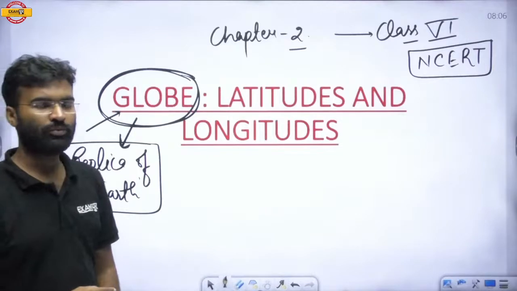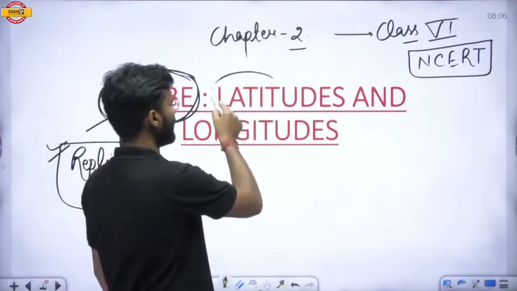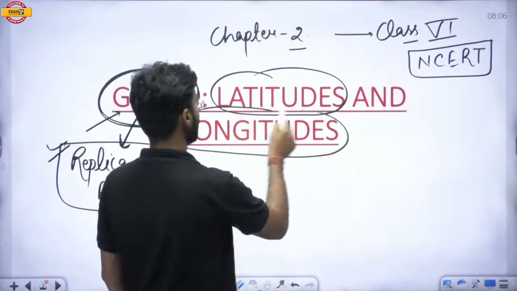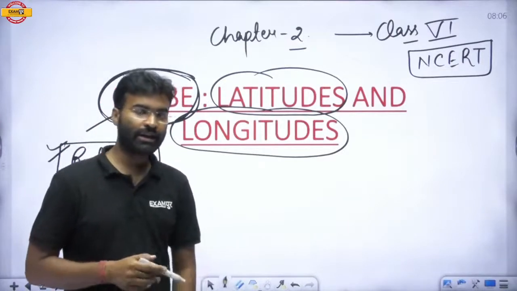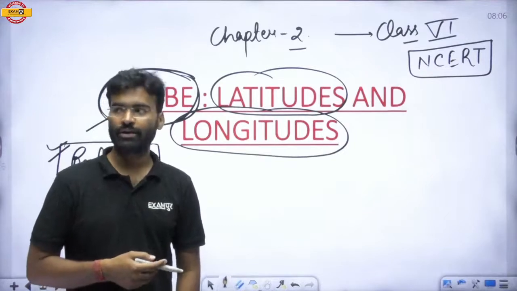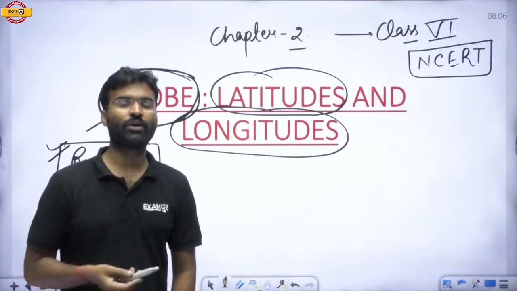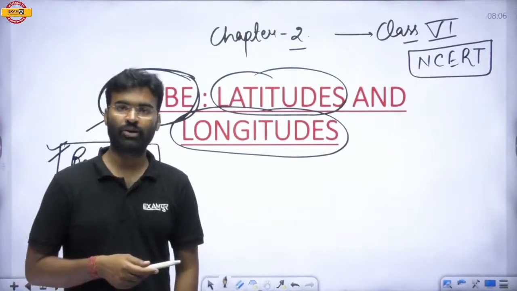When you look at the globe, you will see that many lines are drawn horizontally and vertically. These lines are related to latitude and longitude, or you can say these lines are drawn on the basis of latitude and longitude.